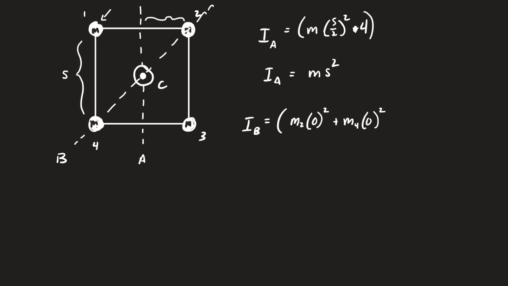On the other hand, mass 1 and mass 3 do count, but we need the perpendicular distance from the axis to mass 3, or the axis to mass 1. Can you figure that out? I mean, I know I can.